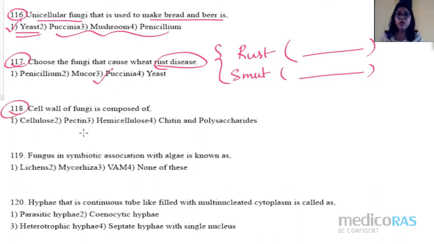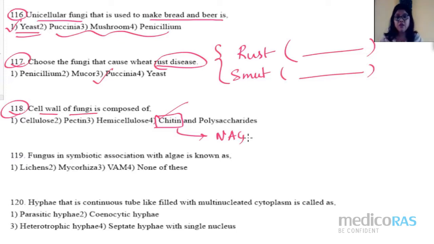Then 118, you can see they are asking about the fungal cell wall composition. The fungal cell wall composition is a very, very important question. It is made up of chitin and polysaccharides. Please remember this one, because chitin is made up of NAG, that is N-acetyl glucosamine, and that gives the chitin composition.